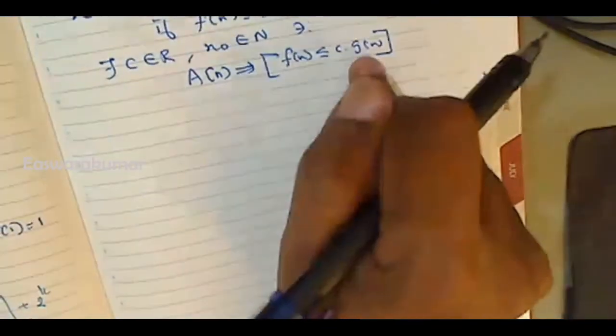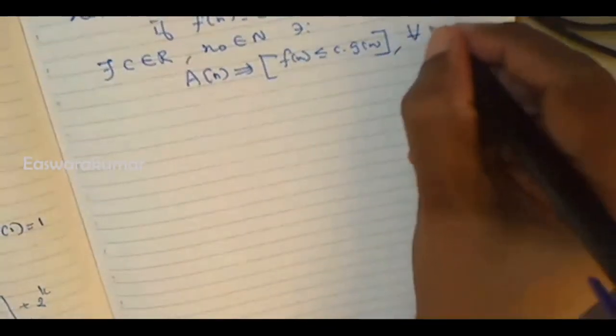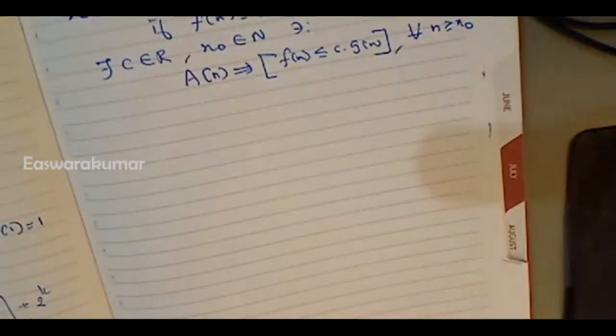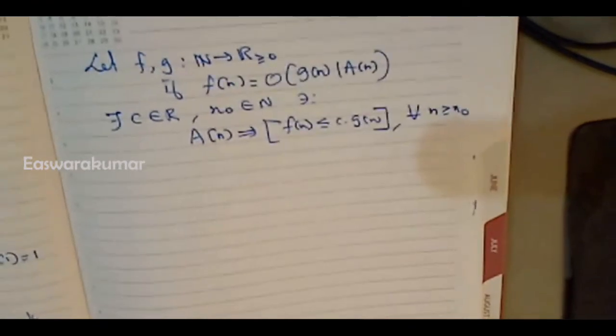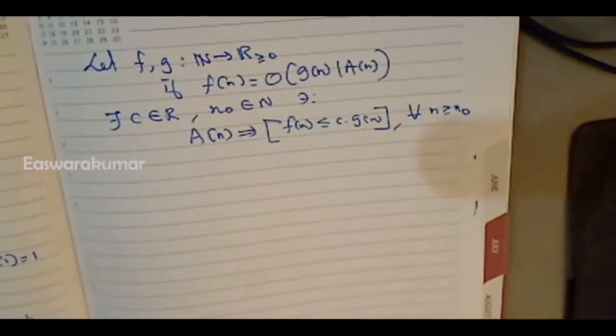So this is what we are saying. Only when this condition holds does this follow, for all n greater than or equal to n0. So this is the definition of conditional asymptotic representation.